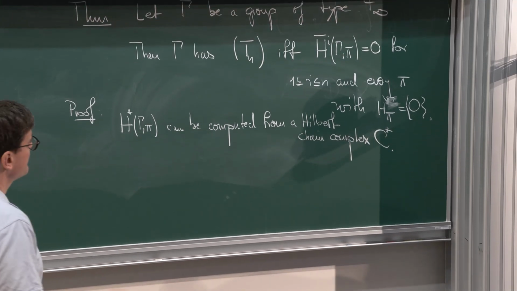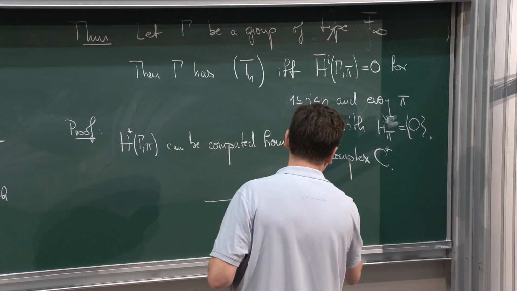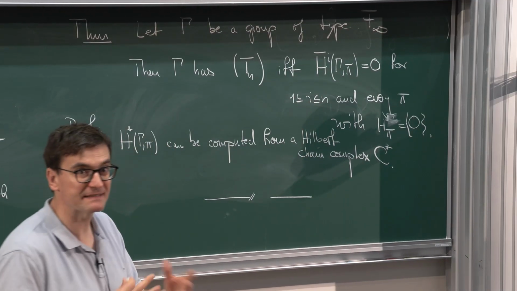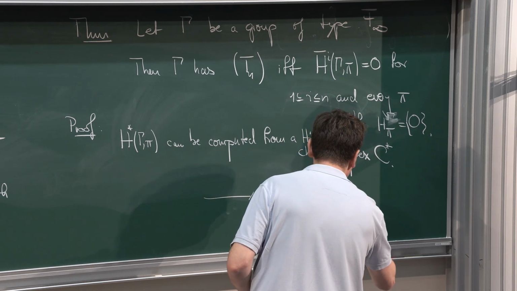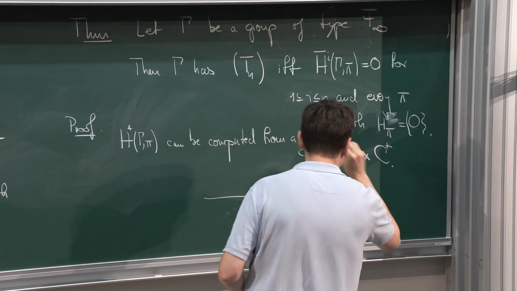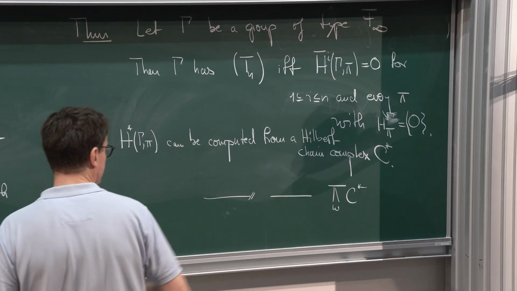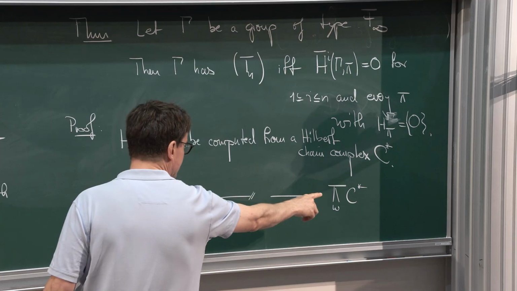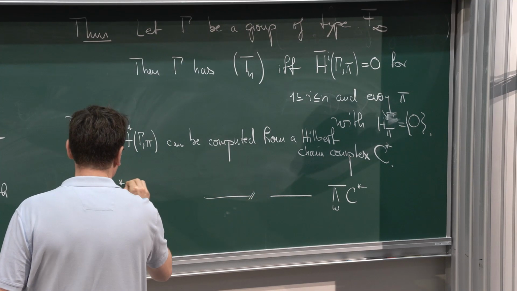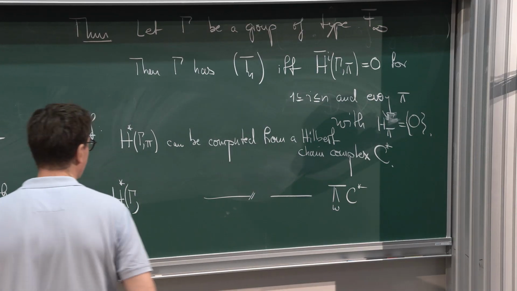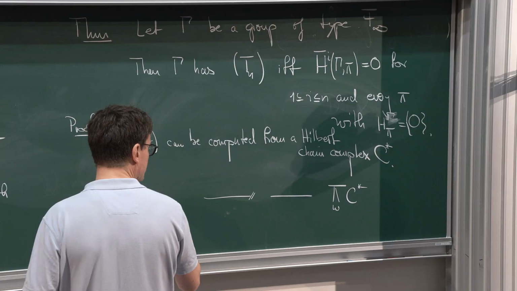Now, if you have that Hilbert chain complex, you can take its ultra power. And it's not hard to check, if you look at how this complex looks, that this ultra power actually computes the cohomology of the ultra power of the representation.